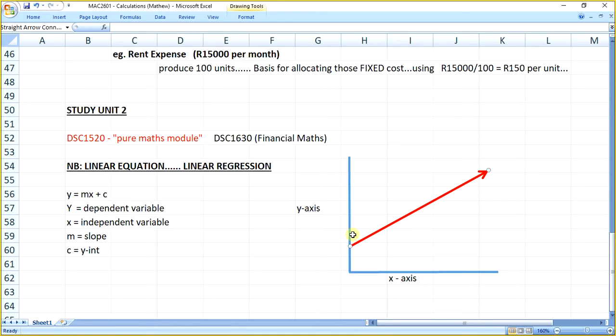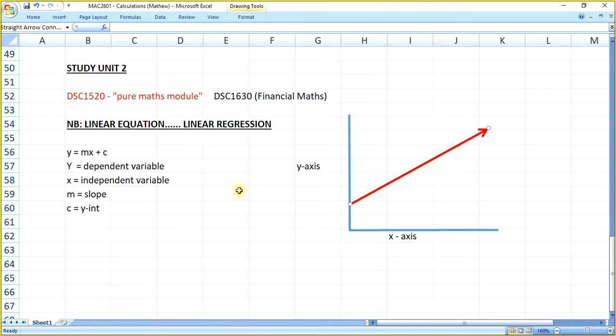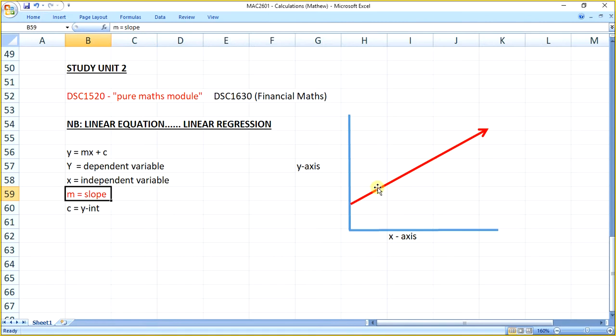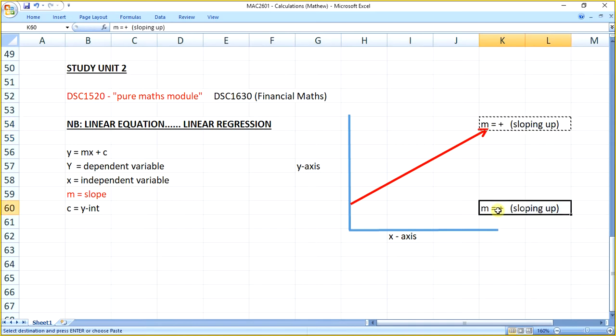Just to draw a line, the line would look like that. The slope of the line would be this, the actual line that's going up. So m here is positive because it's sloping up. You can have m that's negative. If m is negative, then it's going to be sloping down.